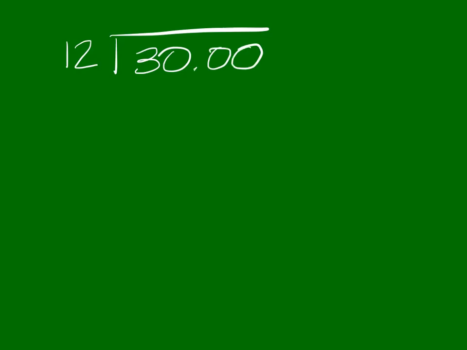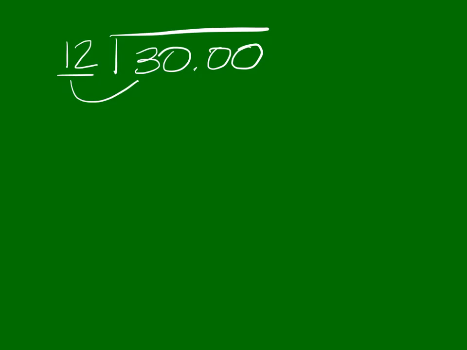What we're going to have to practice is something like this. 12 divided into 30. We're going to have to practice some division. Long division. On this problem, 12 cannot divide into 3.